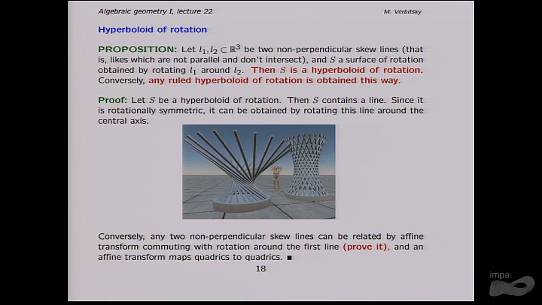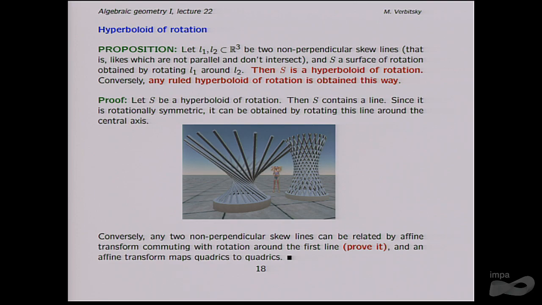So what happens is that you have two families of lines on the hyperboloid, just like over complex numbers. It is a union of each of these families. If you have a line from the first family, like here, it intersects every line in the second family just once. This gives you a parameterization of the hyperboloid, it gives a coordinate.